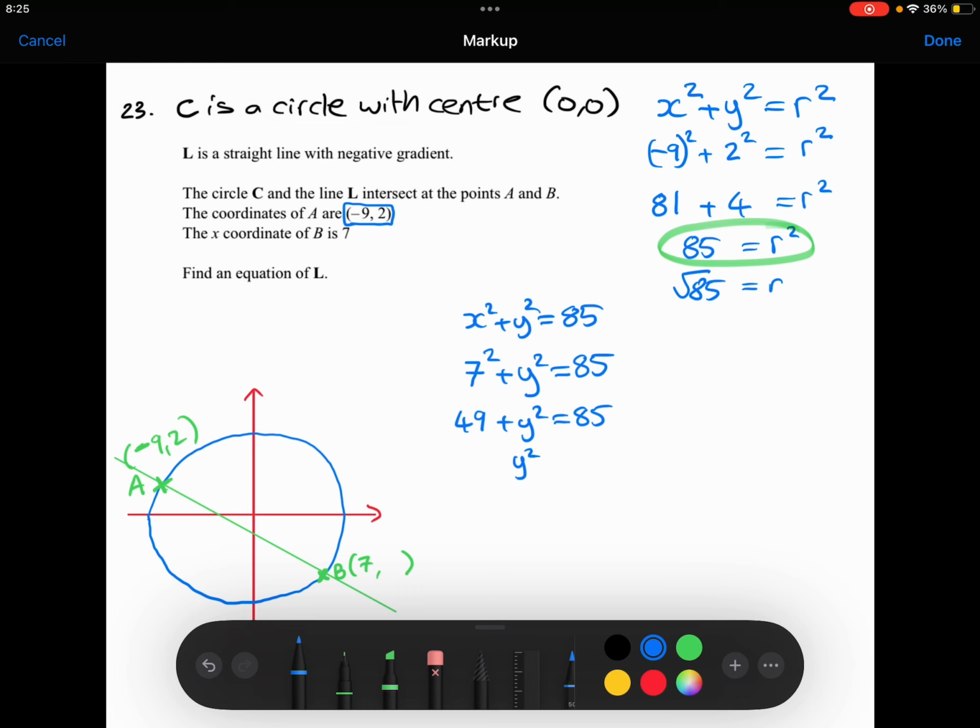Take the 49 away from both sides, so that 85 take away the 49 is 36. So y is either +6 or -6. And hopefully you can see from the diagram that it's going to be -6 that we want for point B. The +6 would have been the point that was up here that we discounted earlier.